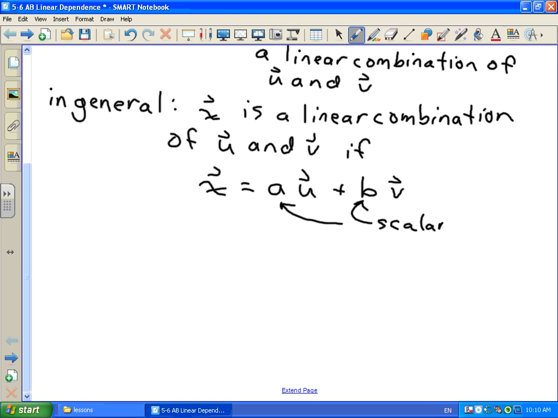So a linear combination, we can write it as a sum of the scalar multiples of these two other vectors.